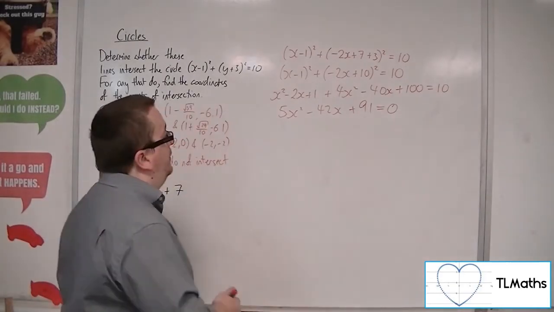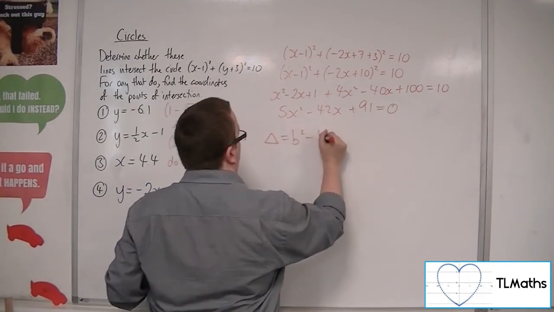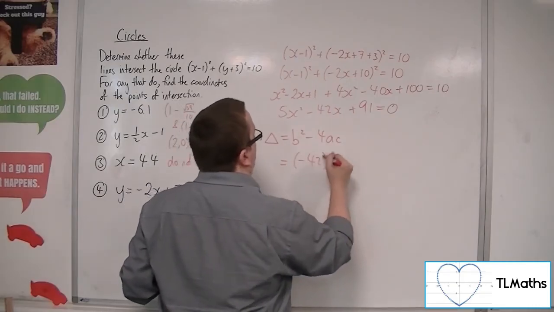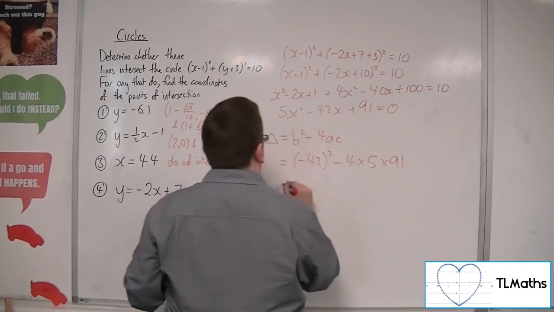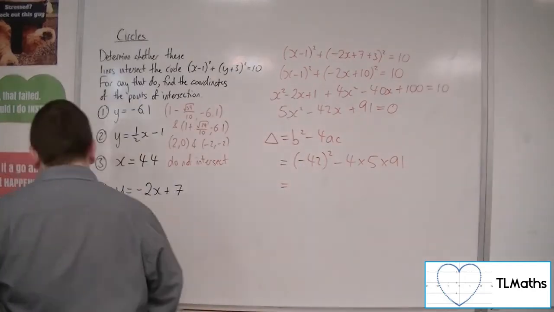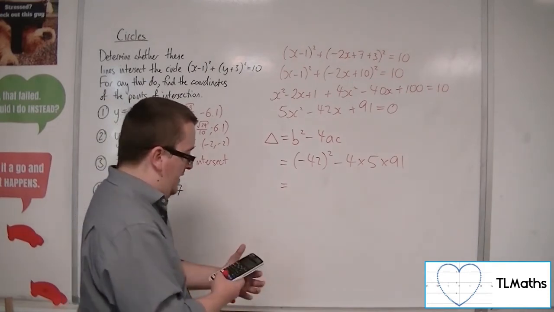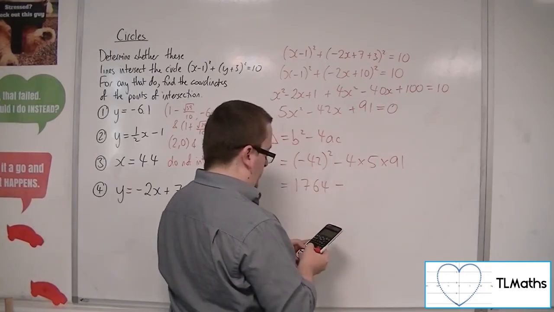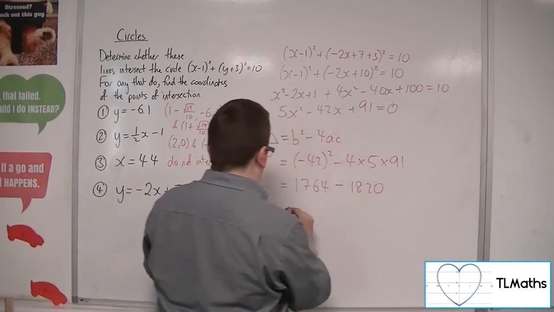And that will allow us to say that there are no real roots. So we can say that the discriminant, b² - 4ac, is equal to (-42)² - 4 × 5 × 91. So (-42)² is 1764. And then we've got 4 times 5 times 91, which is 1820.